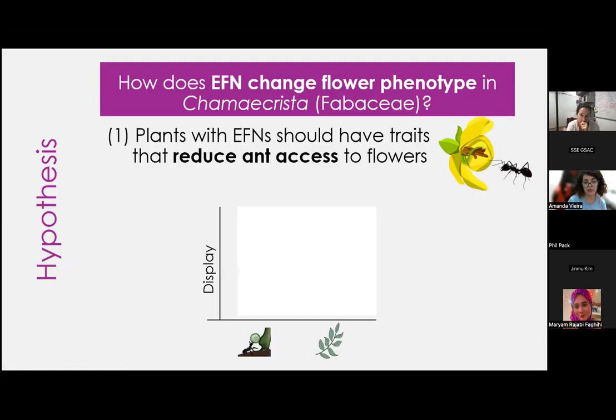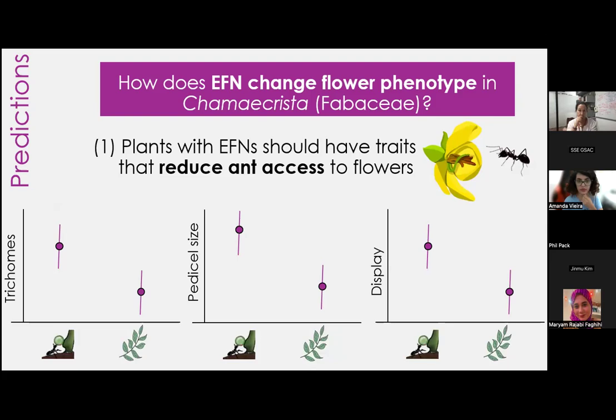So it's possible that plants with extrafloral nectaries might have a larger display or more flowers because these plants might be really attractive to pollinators. So they have a lot of pollinators going there simultaneously. So ants might have a lower effect in this case when plants have a larger number of flowers. So these are my three predictions for this hypothesis.